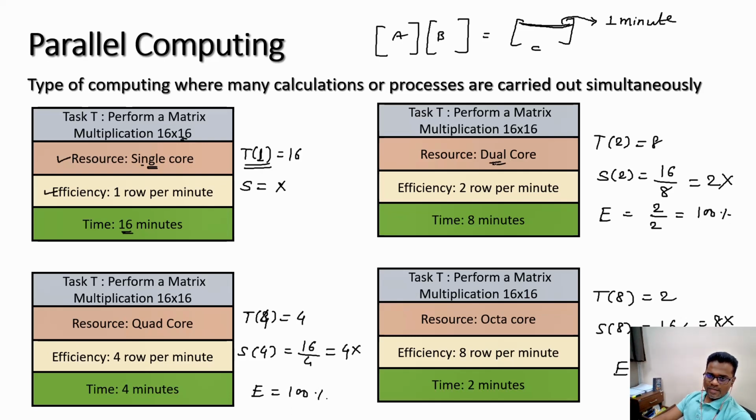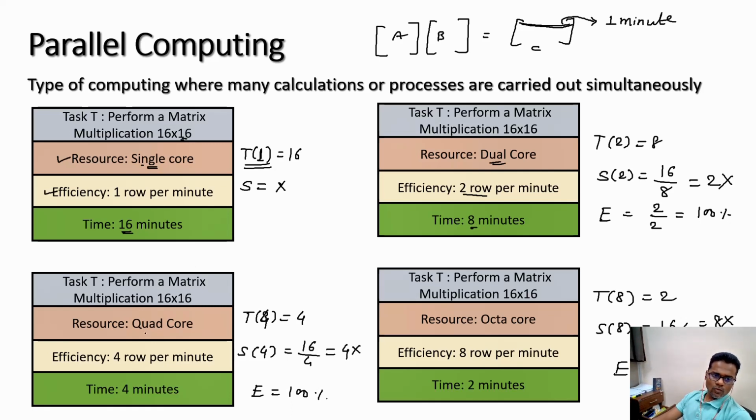Every core can compute one row of the output matrix per minute, so the combined efficiency becomes 2 rows per minute. In this case the overall time required will be 8 minutes because we have two resources.